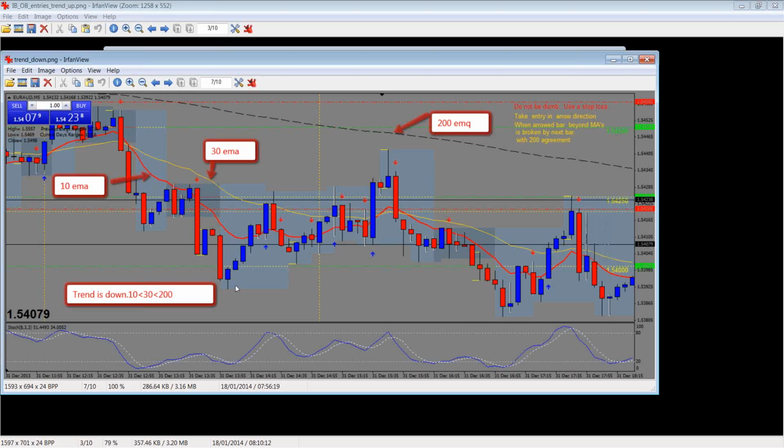Where we don't take the signal bar is inside the last 45-minute candles. So the 45, the 50, and the 55-minute candles of any trade.